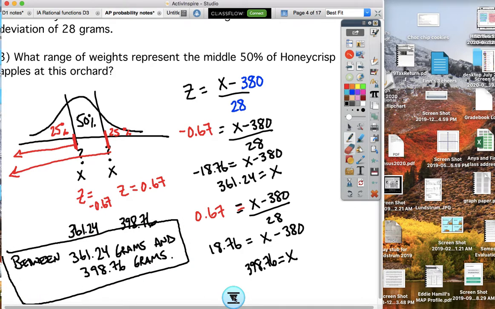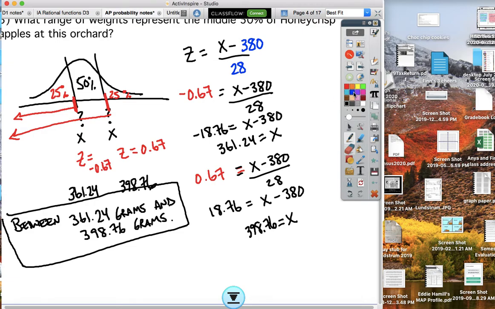Now, here's a bad way to write out the answer. I'll do it in a different color. Don't do this. Don't do 361.24 to 398.76. What does that look like to you? What does that look like to an AP grader? That right there, that looks like subtraction.